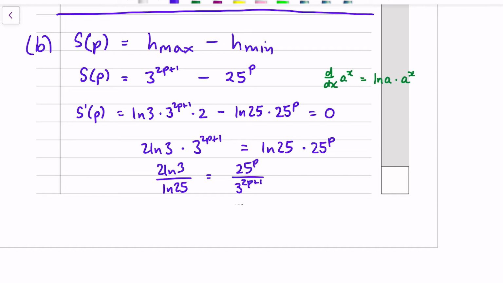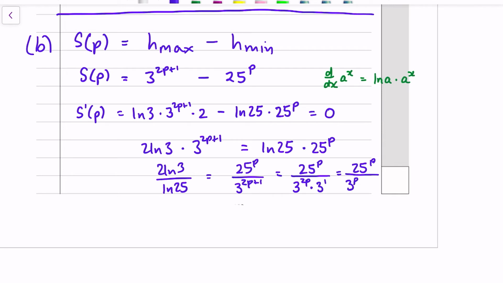And now we need to, well, we could use logs actually. But I think it's quite a sneaky little trick here. If I write this bottom term, 3 to the 2p plus 1, if I write it as 3 to the 2p times 3 to the 1, and then the 3 to the 2p can be written as 3 to the p all squared.